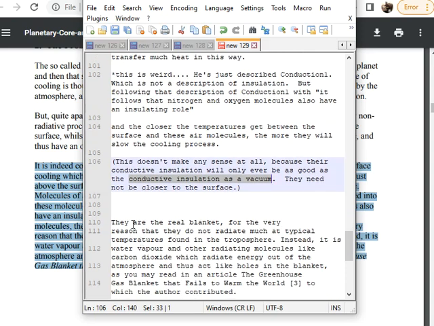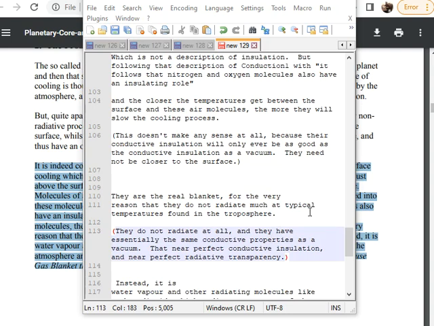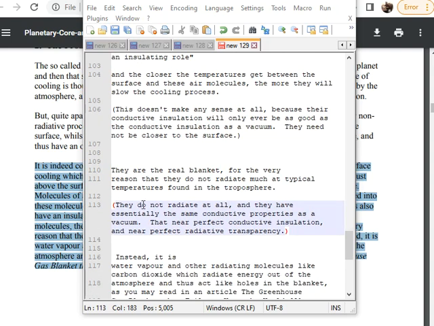And they're not a real blanket either, because the insulative effect that you're talking about is the conductive insulation that a vacuum has. So here where it says they are the real blanket for the very reason that they do not radiate much at typical temperatures found in the troposphere, I would say oxygen and nitrogen do not radiate at all.